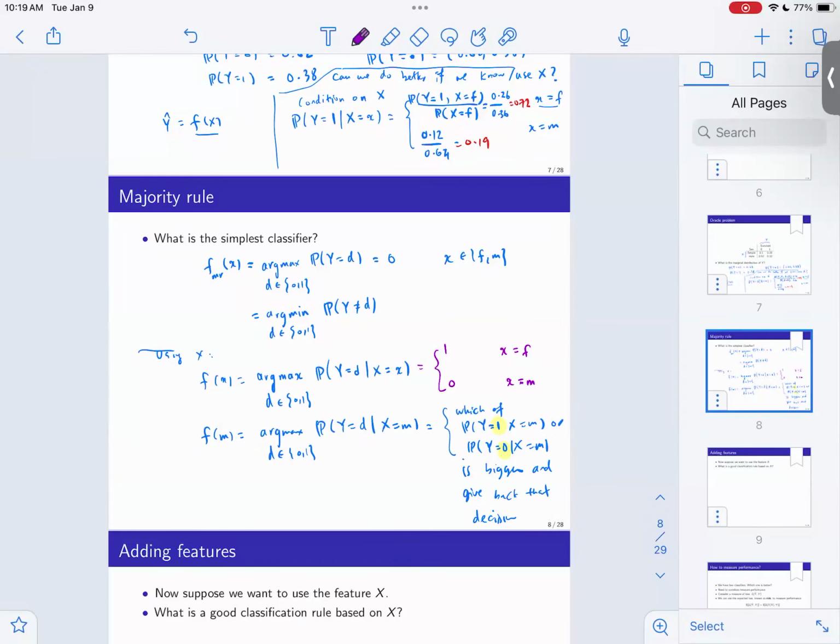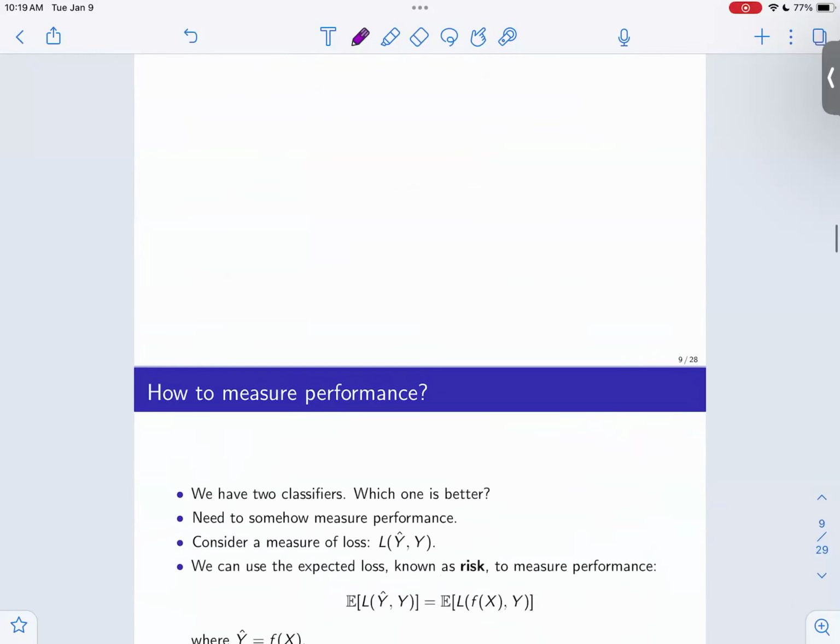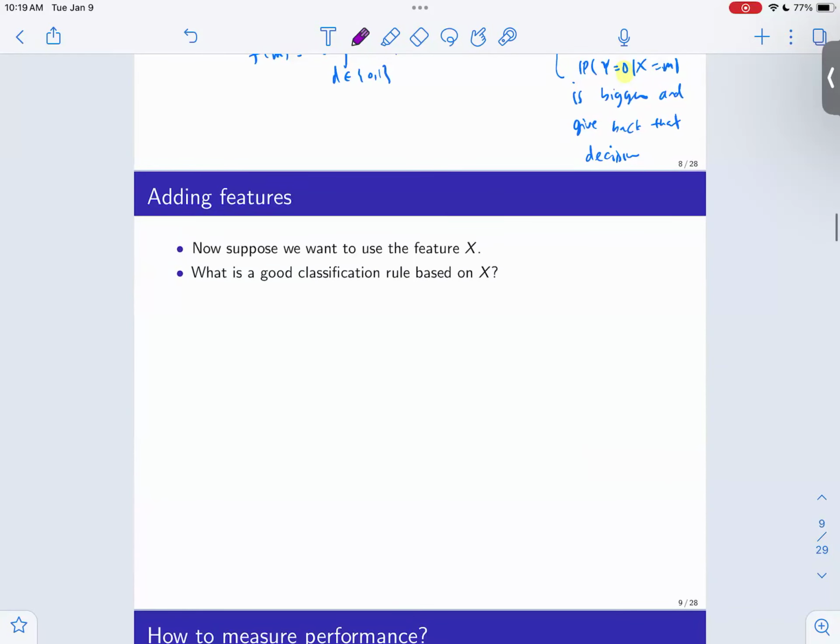Okay, so I actually added the features here. This should go there, so this goes there. How do we measure performance? So an idea is classification accuracy.